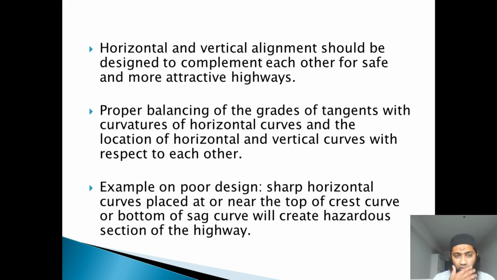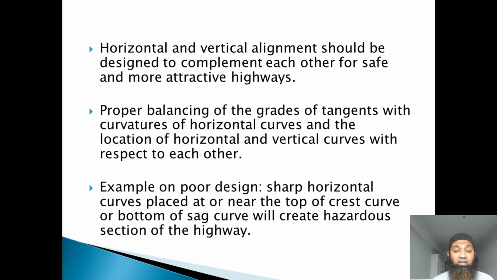You can see here, horizontal and vertical alignment should be designed to complement each other for safe and more attractive highways. As we know, safety is the biggest priority which we give here. So we have to give a very good alignment where safety is given priority, and we get a good design also. You just can't take sudden curves, and sudden transition curves or sudden extra widening cannot be given.